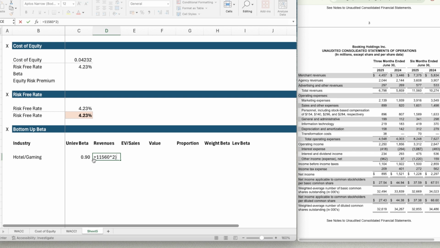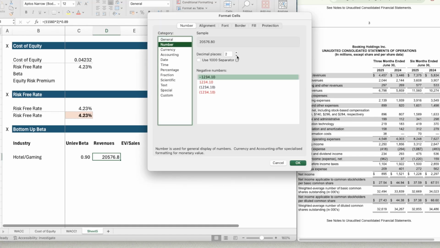And then we times that by 0.89 because 89% of the revenue comes from the hotel booking side. So that gives us 20,576,000,000 of revenue from the hotel booking.